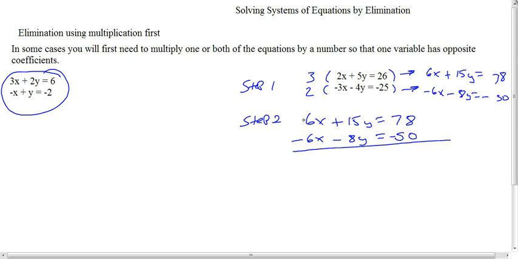This is going to be 0, 0, and then we have 8 from 15, which will give us 7. Since 15 in absolute value is greater, it'll just be positive 7y is equal to 78 minus 50, which is 28. So 7y is equal to 28, divide both sides by 7, and y is going to equal 4.